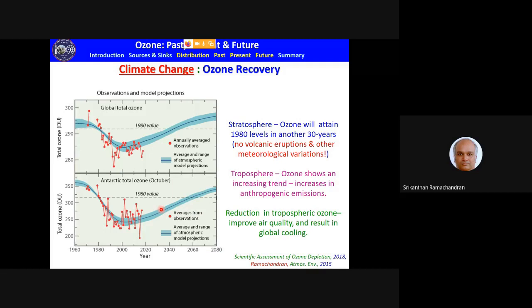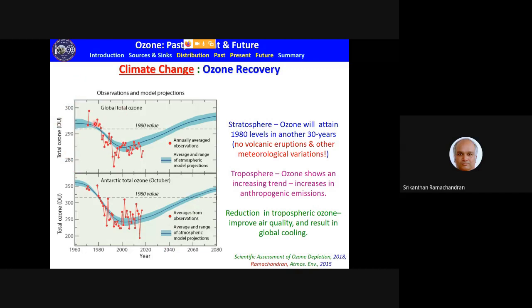I mentioned that when the ozone will come back to the normal levels that we are familiar with is one of the constant questions that we try to answer, and we find the answers also. Here is the total ozone amount.